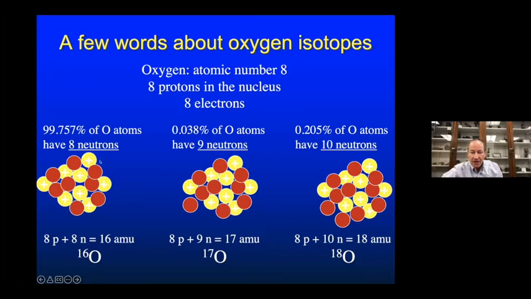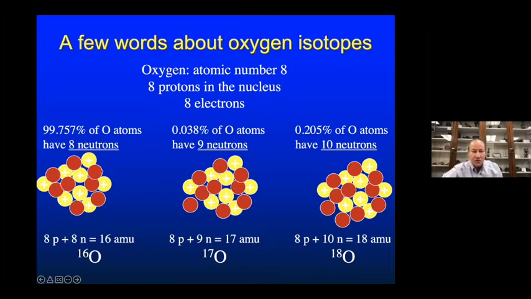There are also 8 electrons, so an oxygen atom is electrically balanced. But it turns out that there can be a different number of neutrons, without a charge, but with a mass, in the nucleus of an oxygen atom.